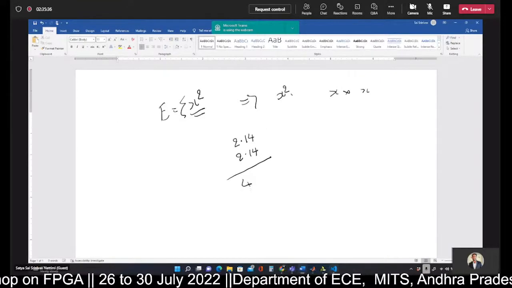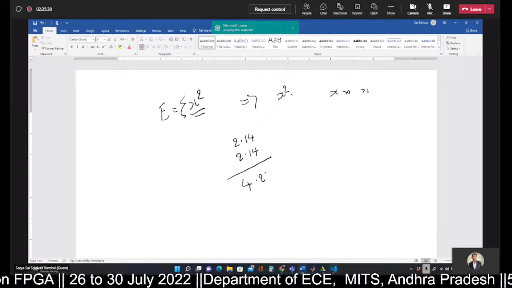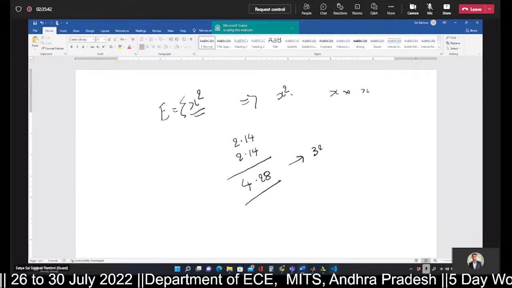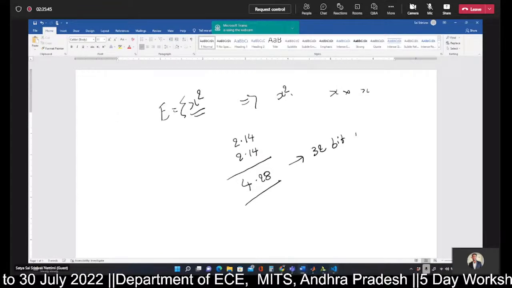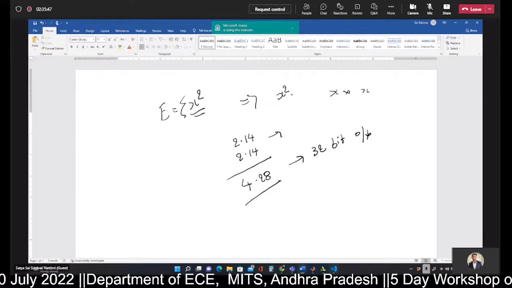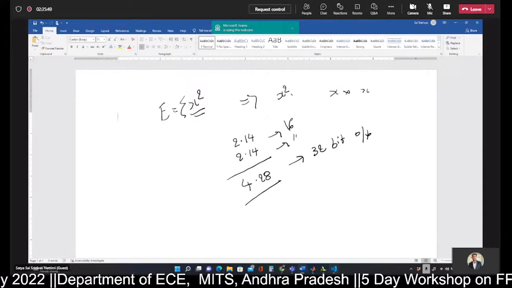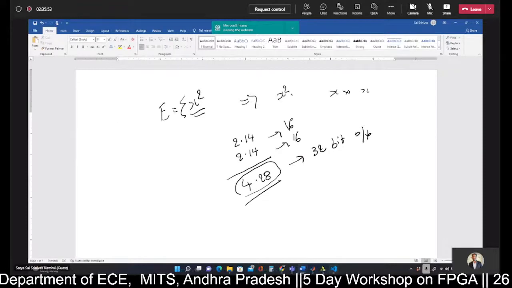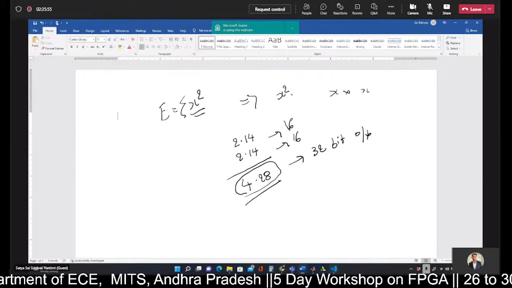When you do multiplication, we end up at 4.28 representation. So this is a 32-bit output. This is 16-bit input, 16-bit input. Now your integer part has been scaled to 4.28.